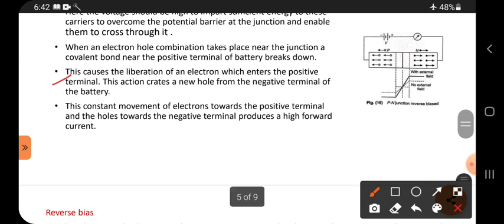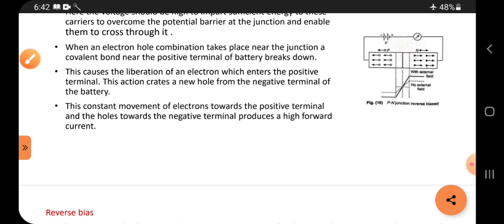This causes a liberation of electrons which enter the positive terminal, and this action creates a new hole from the negative terminal of the battery, right?